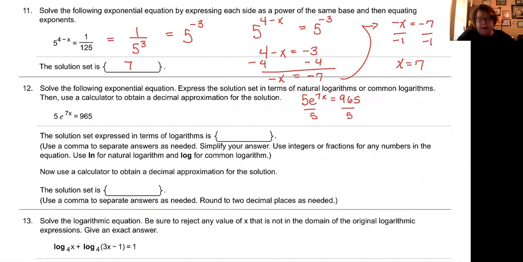And when I divide 965 by 5, I'm going to get 193. And now I can take the natural log of both sides of this equation. I am going to take the natural log because the base is e, so it makes sense to take the natural log.